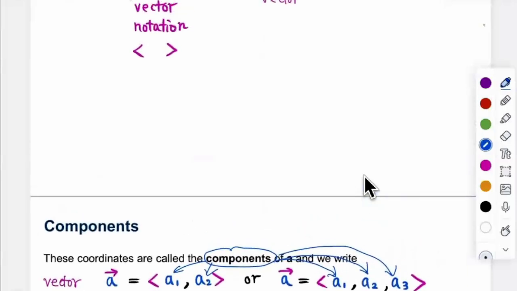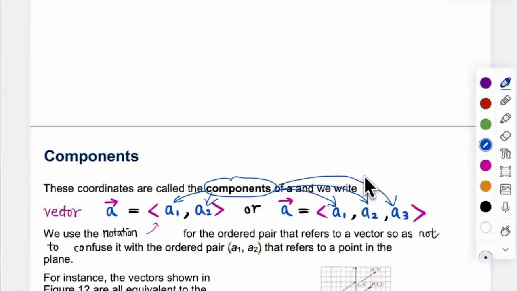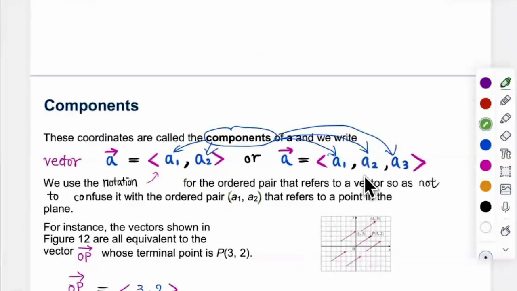Now, what's the difference from a point? Let me write it down. If you have a point, you have A1, A2. Those are not called components. What do you call them? Coordinates.